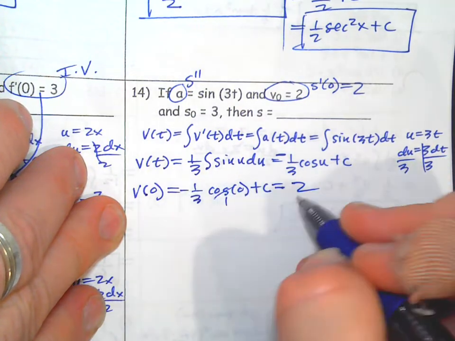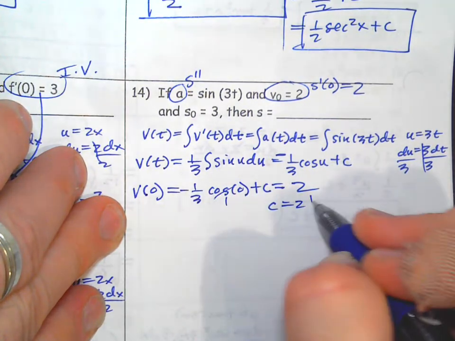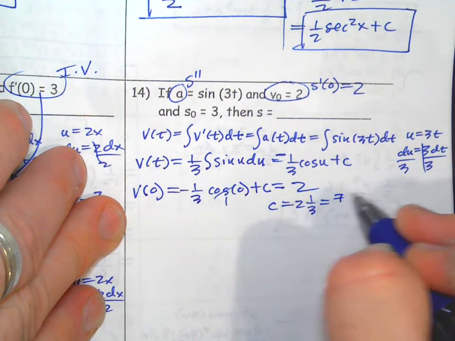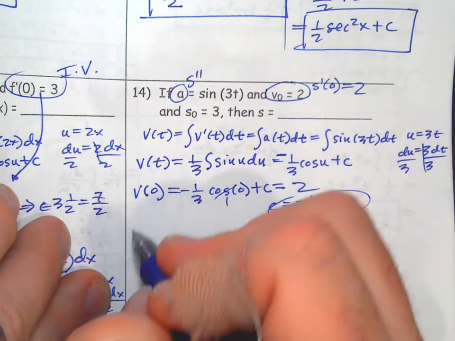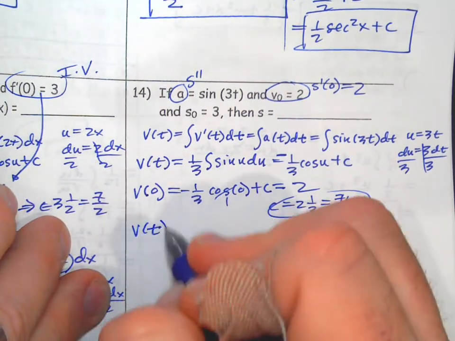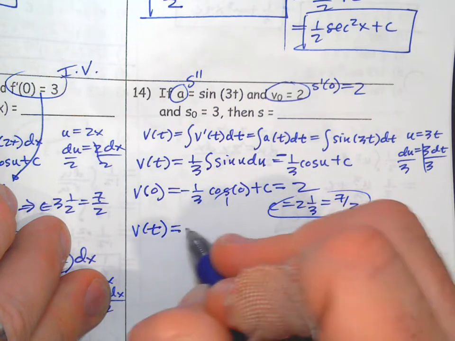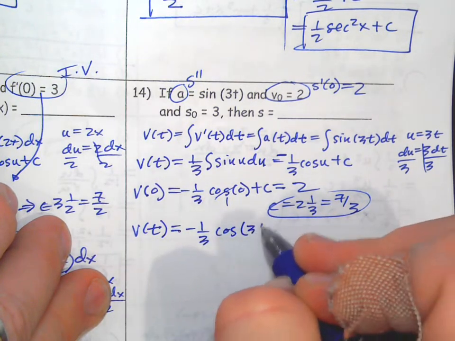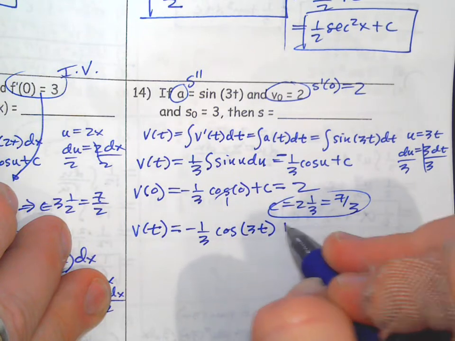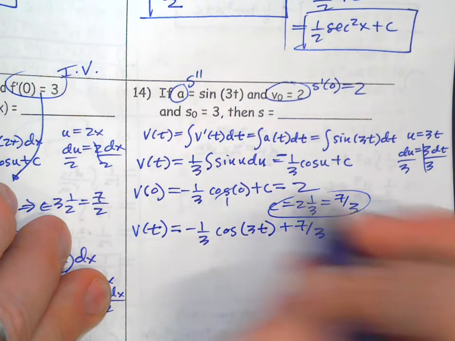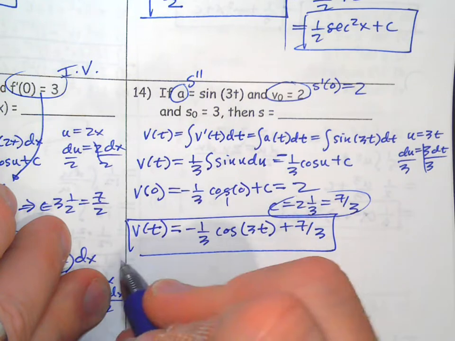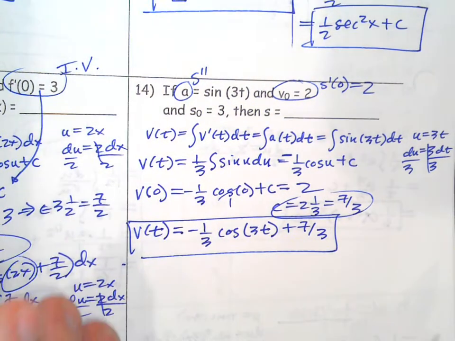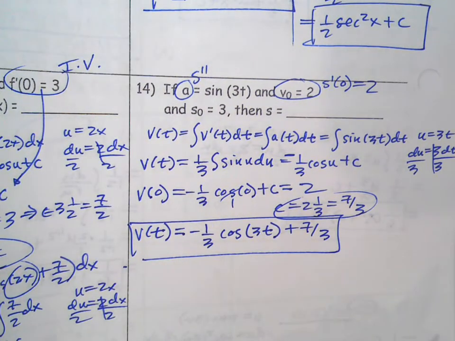Cosine 0 is 1, so c equals 2 1/3, or 7/3. So your velocity equation is now negative 1/3 cosine of 3t plus 7/3. That's not the final answer, so I don't know why I boxed it, but it's an important step.